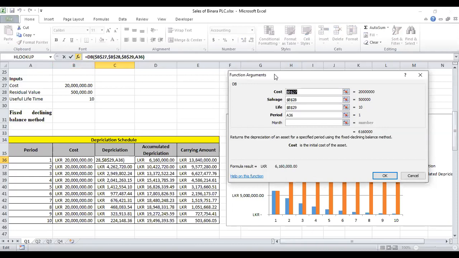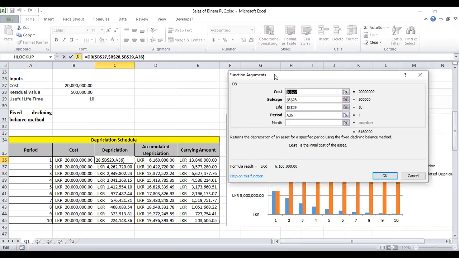So there, you have to be conscious that when you are giving that period, under this declining balance method, what you would experience is that the depreciation would vary from period to period. The depreciation that you get in period 1 is different from the depreciation that you get in the second year.